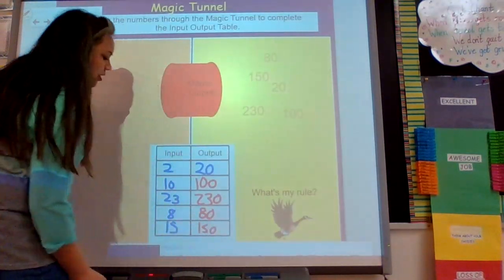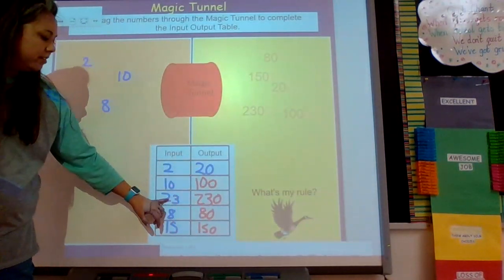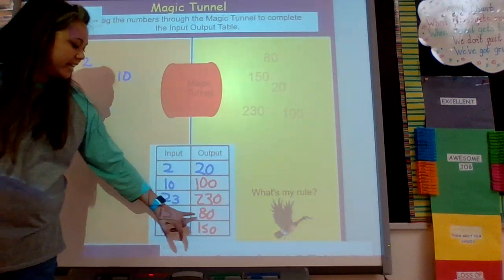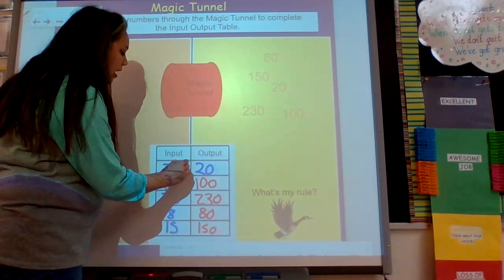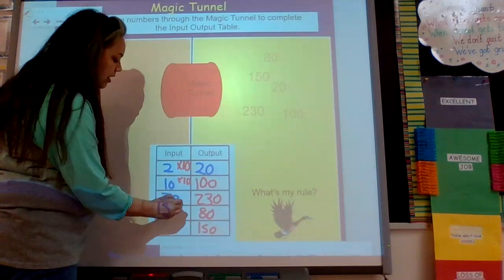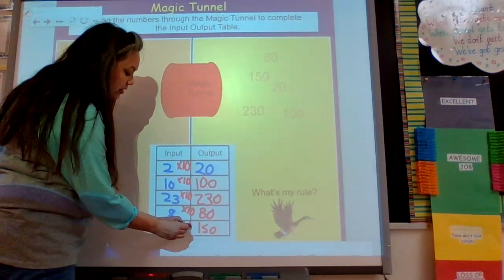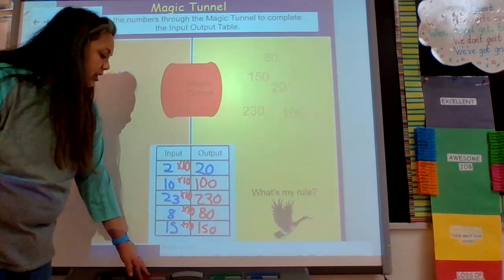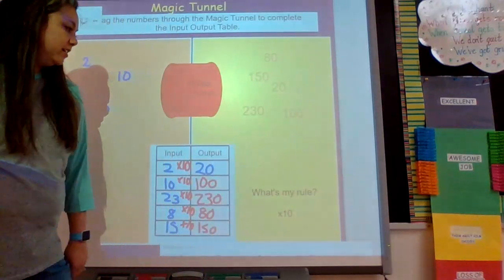Do you see what's happening every time? What are we adding every time? A 0. So we're multiplying by 10, because we know that we did our tens, multiplying by tens and hundreds, and we know that if we're multiplying by 10, we're just adding that 0.